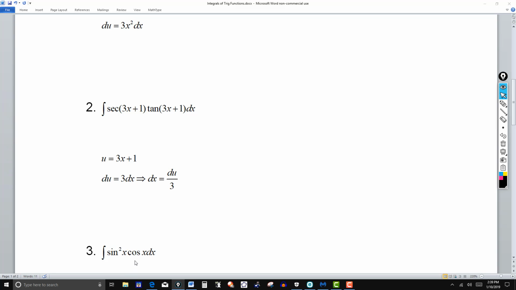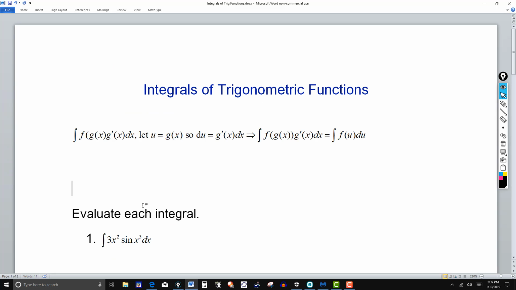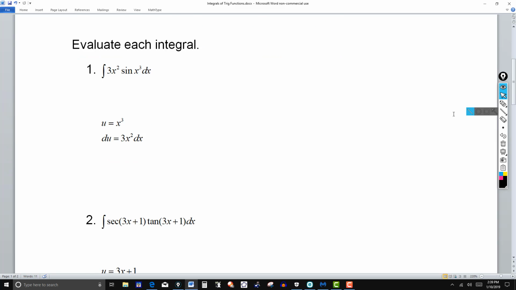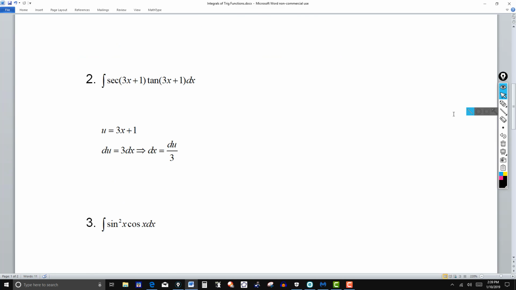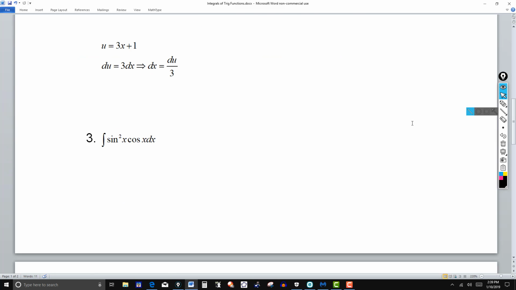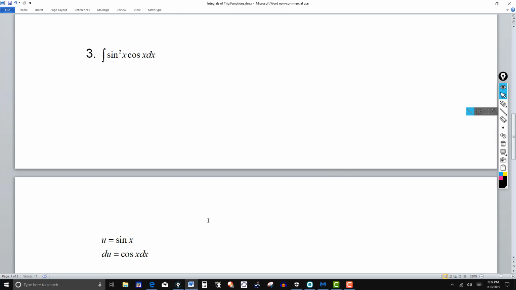But again, to get in this format right here and make it easier to solve, u equal to sine of x, because look, if u is equal to sine of x, then when you take the differential on both sides, we get du over here. The derivative of sine is cosine, and then of course you have your dx.